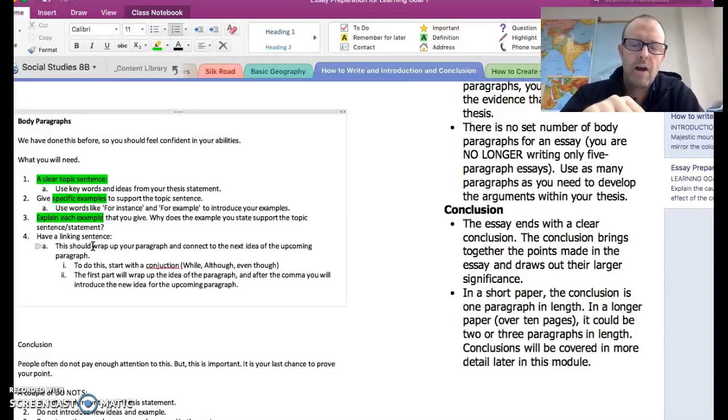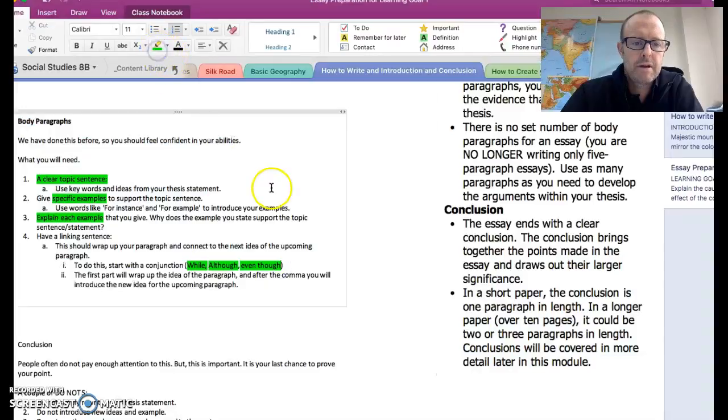While we wrap up that paragraph, we create a link or a connection to the next paragraph. So we can use while, or other conjunctions, although, even though.